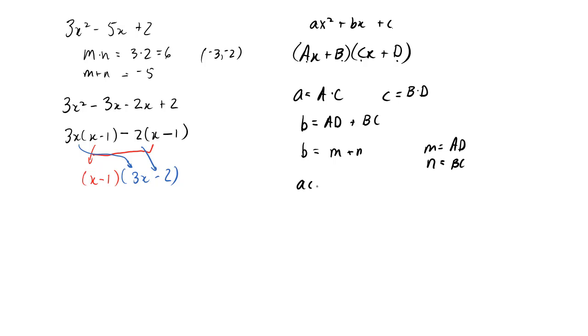So we're saying that ac is equal to mn. And ac, little a is capital A, capital C, and little c is b times d. And sure enough, that's equal to m, which is AD, times n, which is BC. They're just rearranged, but it's ABCD, ABCD. So that's kind of like a proof as to why that works.